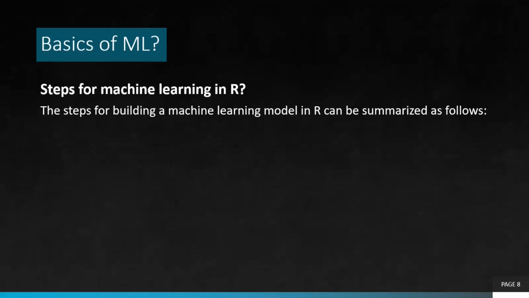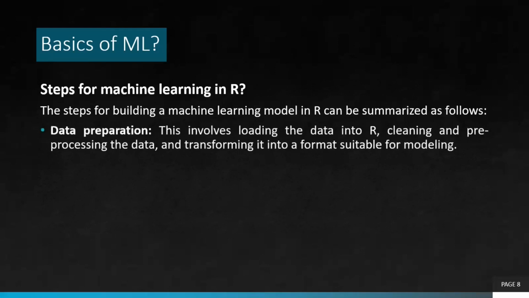So, let's move forward. What are the steps for machine learning in R? The steps for building a machine learning model in R can be summarized as follows. First of all, you do the data preparation. This involves loading the data into R, cleaning and preprocessing the data, and transforming it into a format suitable for modeling.